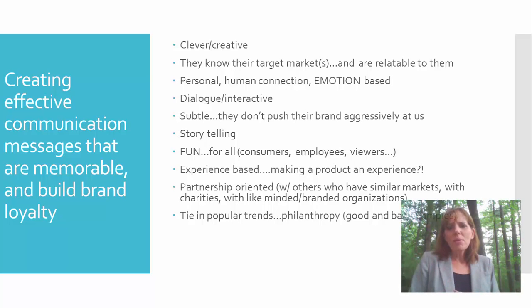But a bad example of doing that is when people leave your retail establishment and you say to them, do you want to give an extra $1 for this charity? That's not as good a practice as saying, would you like to give $1 to this charity, and we're going to match two times everything that our customers give to this charity. Or getting your employees involved to volunteer with that charity.